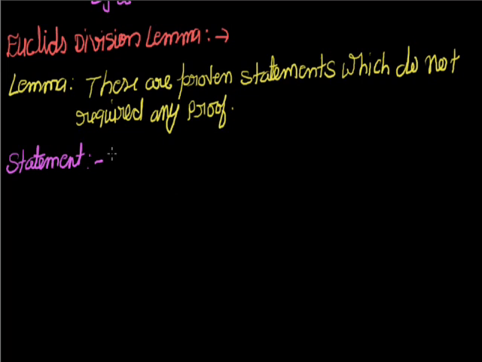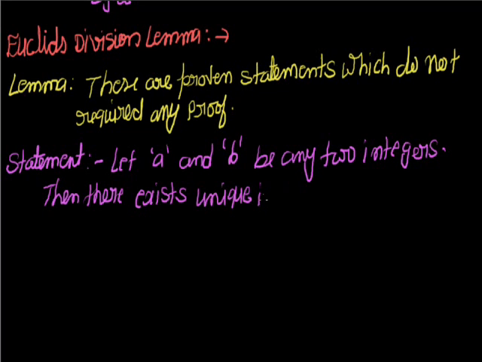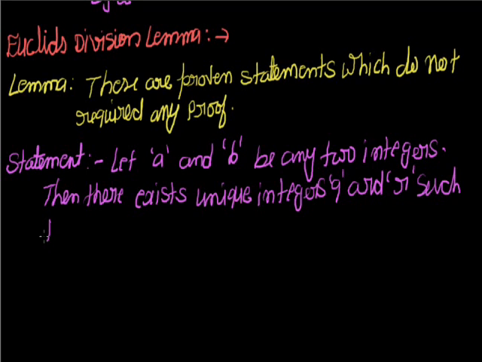Let small a and small b be any two positive integers, then there exist unique integers q and r such that a is equal to bq plus r.